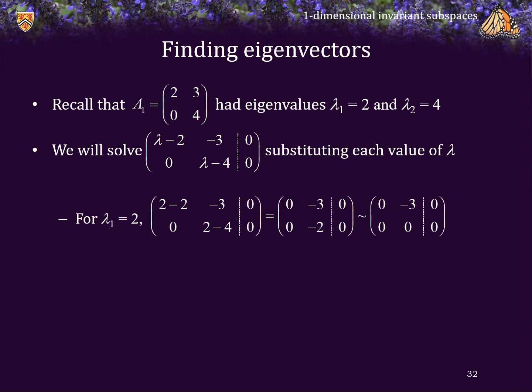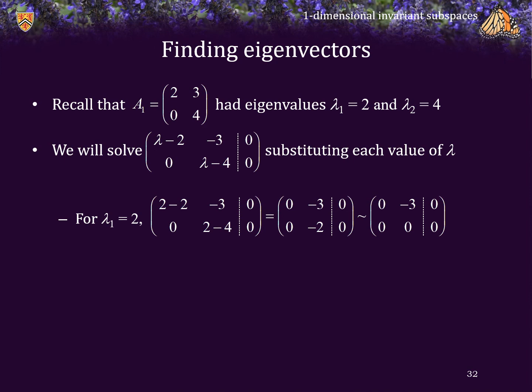So, starting with lambda 1 is equal to 2, substituting 2 in, we notice immediately that the first column is equal to 0, and therefore we can easily eliminate the negative 2 in the second row by adding an appropriate scalar multiple of the first row to that one, and we are left with the matrix 0, -3, 0, 0, which is, of course, in row echelon form.